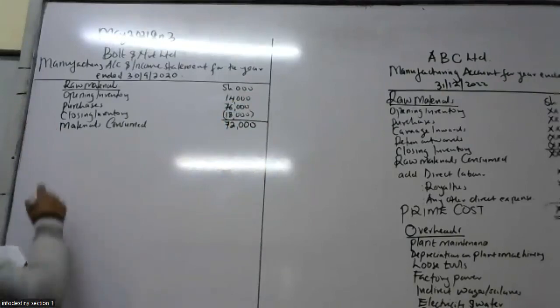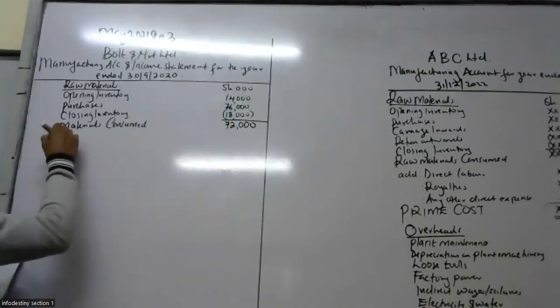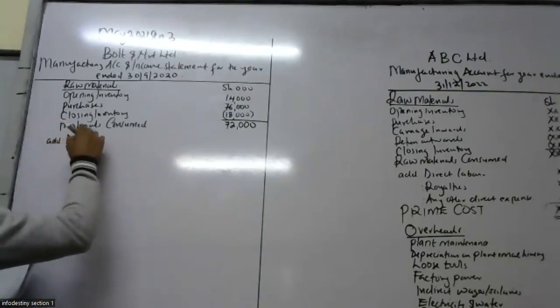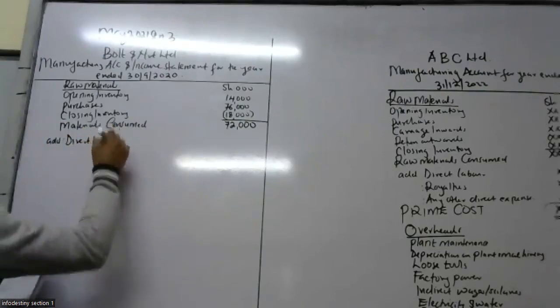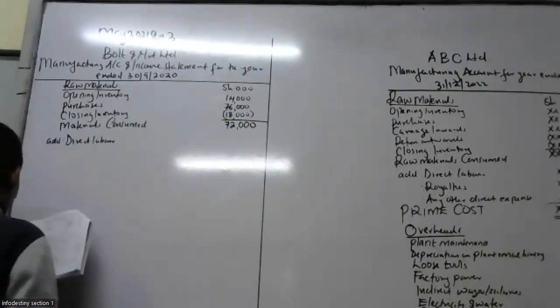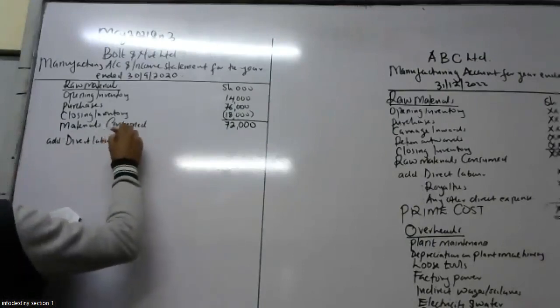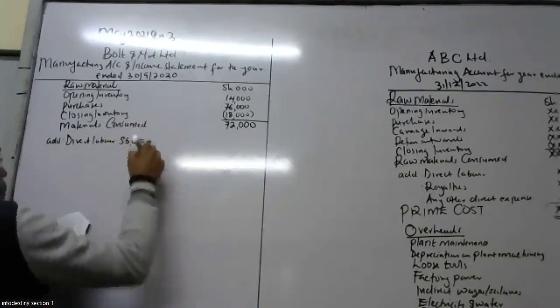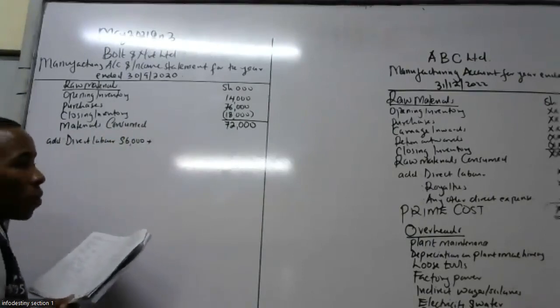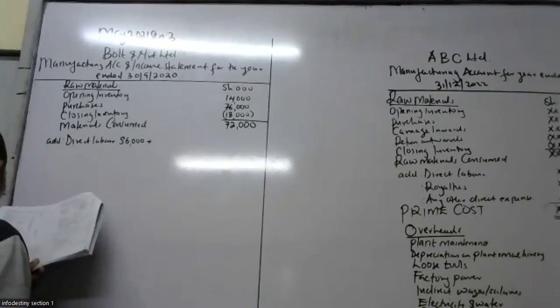Then we add the other direct costs of direct labor cost. That is direct labor. We are given it as 56,000, but it has an adjustment. We were told that there was an amount of the direct labor which was accrued at the end of the year.